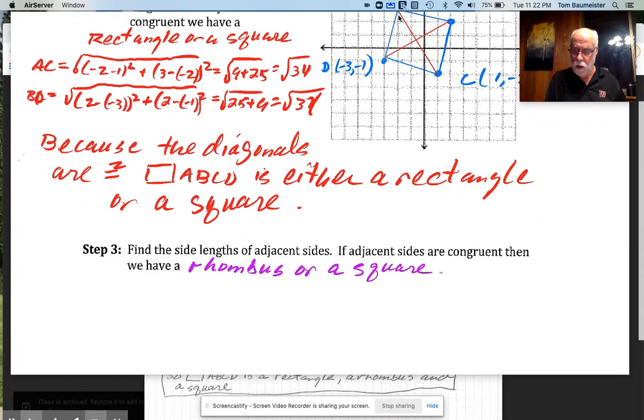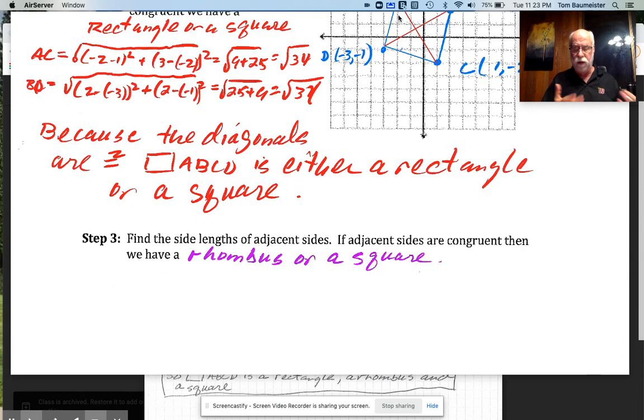All right. So if this one is false, we would know we're going to put down a rectangle or square. If this one is true and the other one is true, then we can say that it could be either a rectangle, a square, or a rhombus. So let's go ahead and see what happens here.